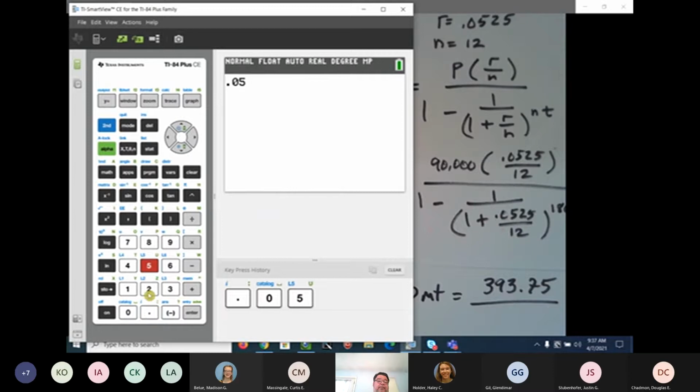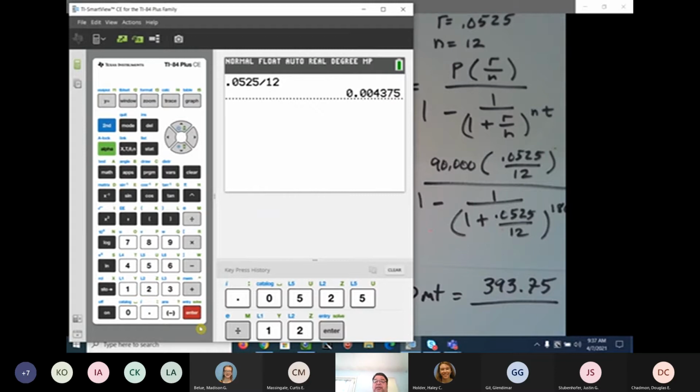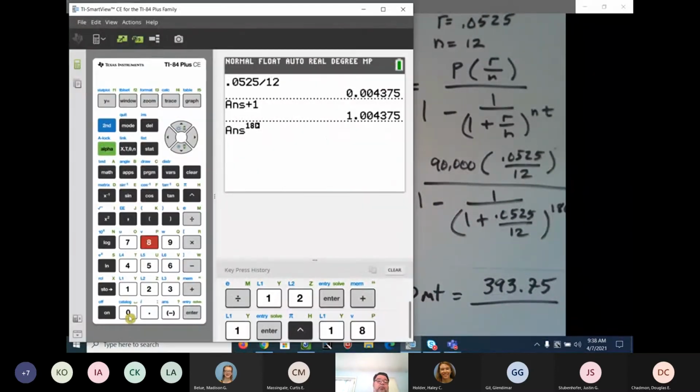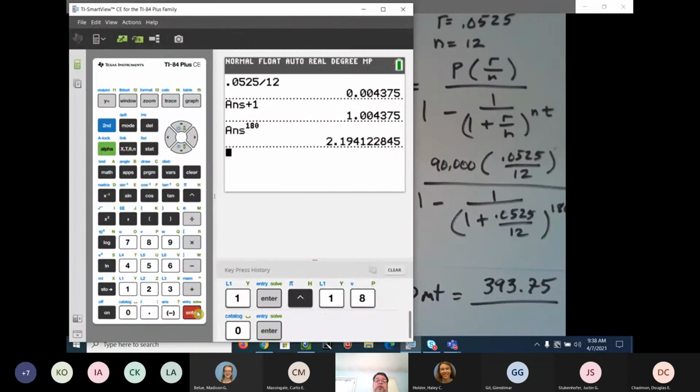So 0.0525 divided by 12. And I'm going to add that to 1. And I'm going to raise that to the 180th power. And I'm going to divide 1 by that number, second. Subtraction symbol, it says answer, take the last answer.